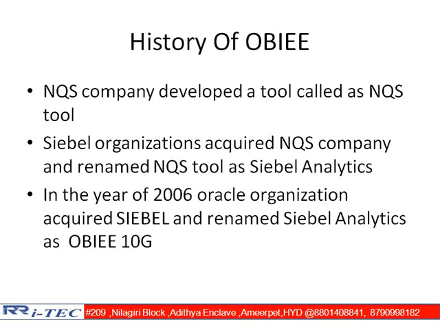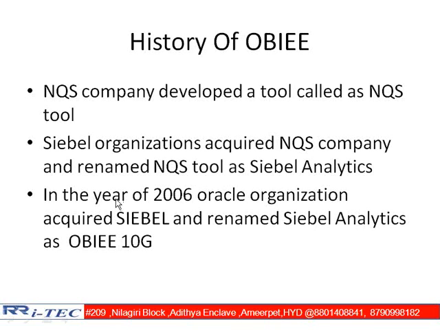Similarly, OBIEE, how did it come? We had one small company called NKS company. That company developed a tool called the NKS tool. This happened around 1998. After that, Siebel organization acquired the company called NKS and immediately renamed the NKS tool as Siebel Analytics.